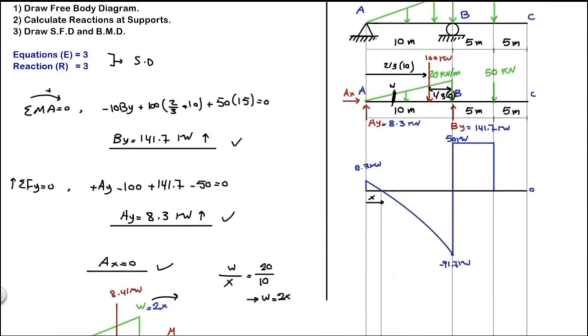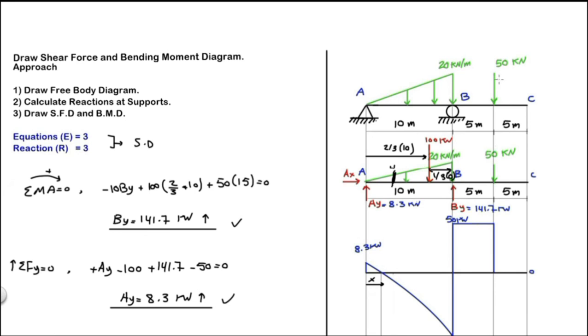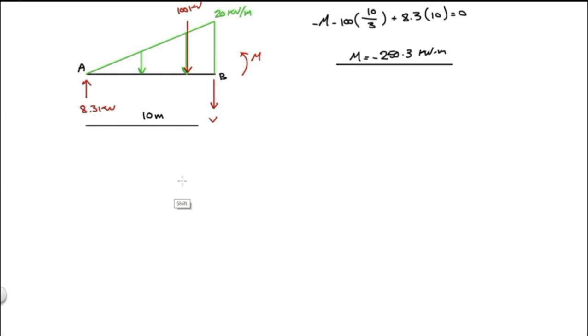Now let's take the last section where we have the 50 kilonewton concentrated load. The moment in segment BC is equal to 0 because this force, 50 kilonewton, has no effect since we are calculating the moment at this point.